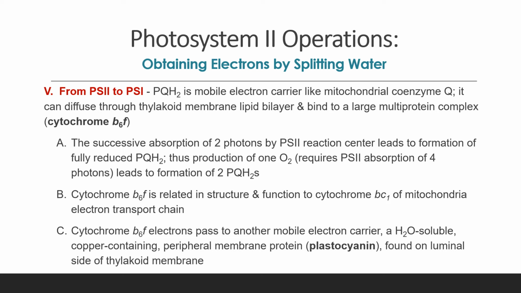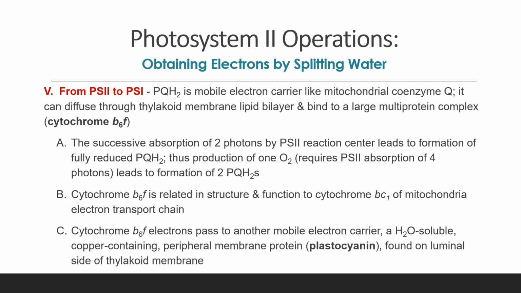The successive absorption of 2 photons by the photosystem 2 reaction center leads to the formation of the fully reduced PQH2, thus the production of one oxygen molecule requires the photosystem 2 absorption of 4 photons, leading to the formation of 2 PQH2s.